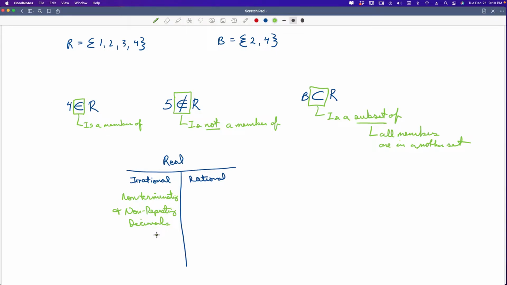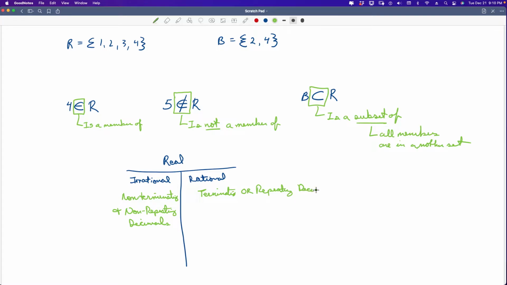Those are numbers we just can't wrap our head around, and it makes doing mathematics difficult. It makes calculating them really hard because they don't ever end, and they don't repeat, so there's not a pattern that we can calculate out. So those are irrational numbers. Rational numbers are everything else. So rational numbers would also include terminating or repeating decimals.